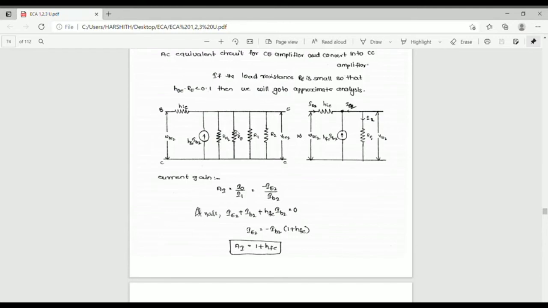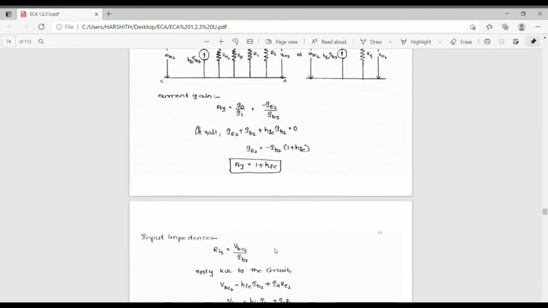In the nodal equation, IE2 plus IB2 plus hfe IB2 equals 0. This can be simplified: IE2 equals minus IB2 into 1 plus hfe. So AI equals 1 plus hfe. Current gain equals 1 plus hfe.